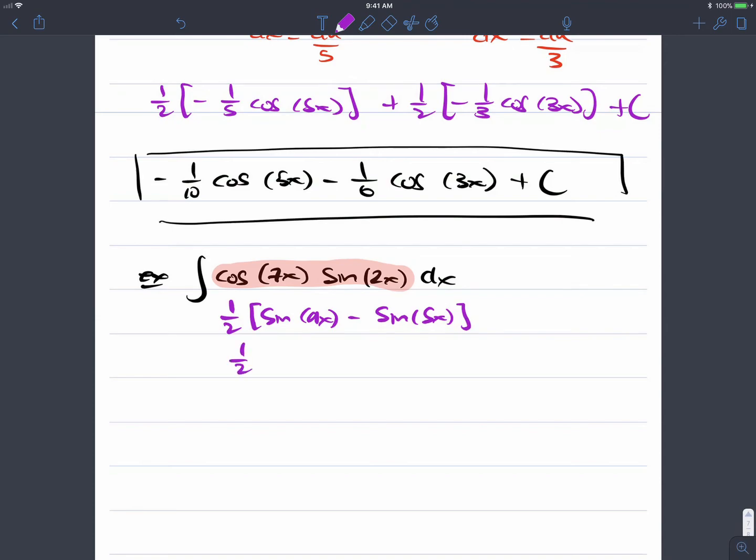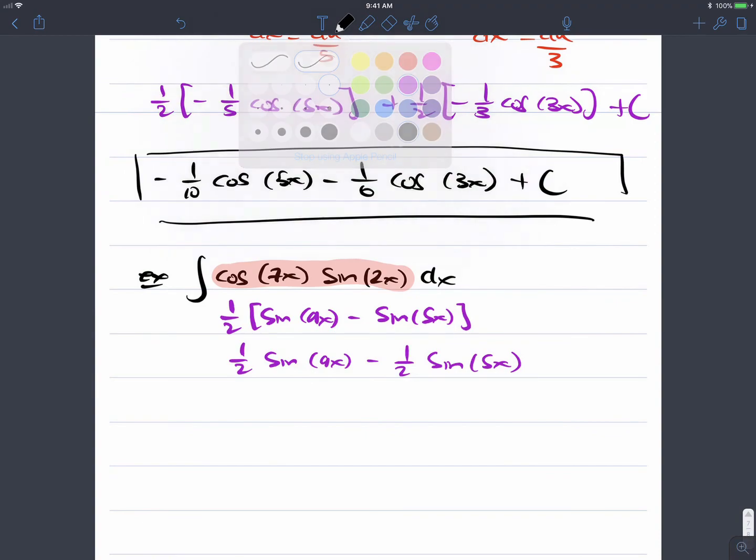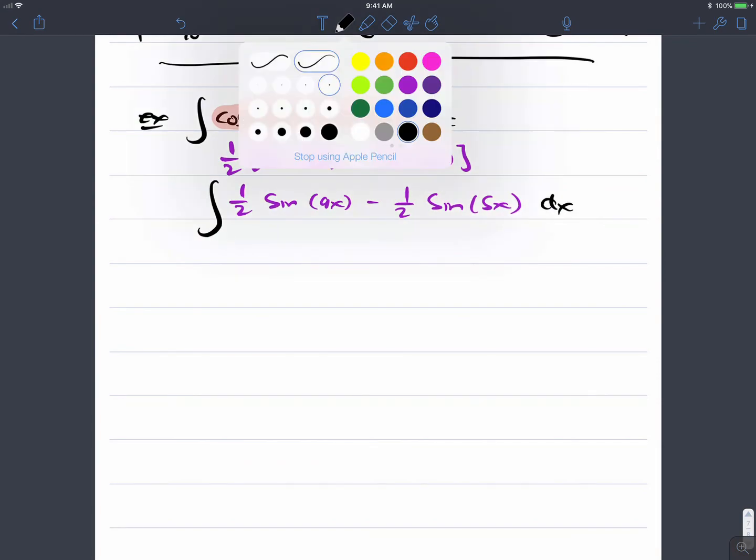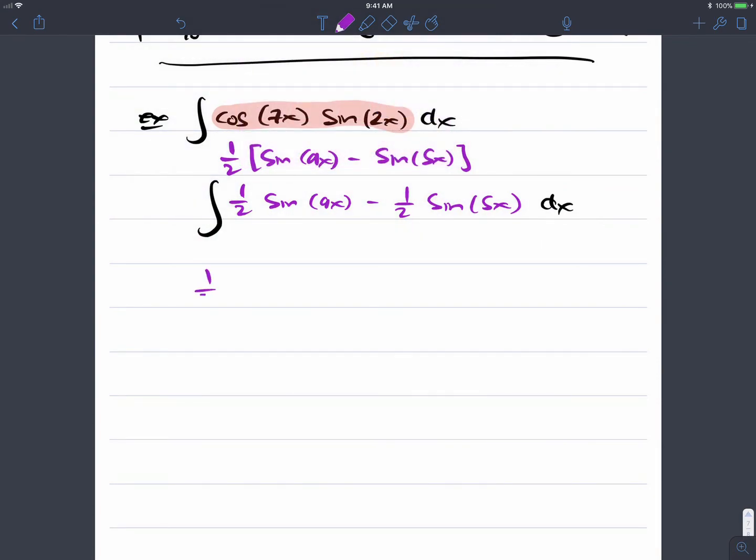So when I distribute, I get 1/2 sine of 9x minus 1/2 sine of 5x. This is what we're going to integrate. So by properties of integration, we get 1/2 integral sine 9x dx minus 1/2 integral sine 5x dx.